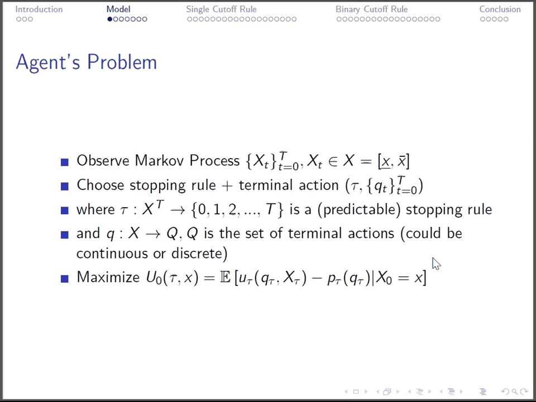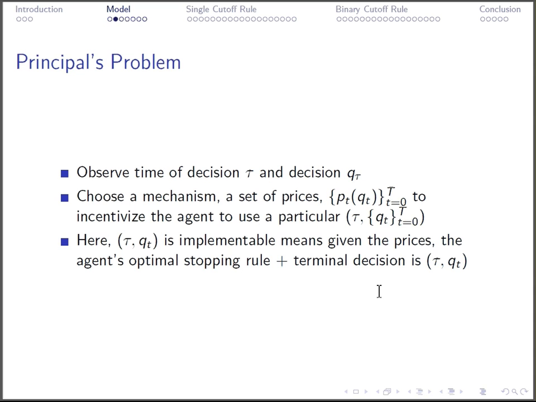That's what predictable means. And q is mapping from the valuation to the set of possible terminal actions. Could be continuous or discrete. We will use continuous here. And the agent maximizes some form of utility, which is the expected value of the utility at the stopping time, subtracted by the transfer or the prices.